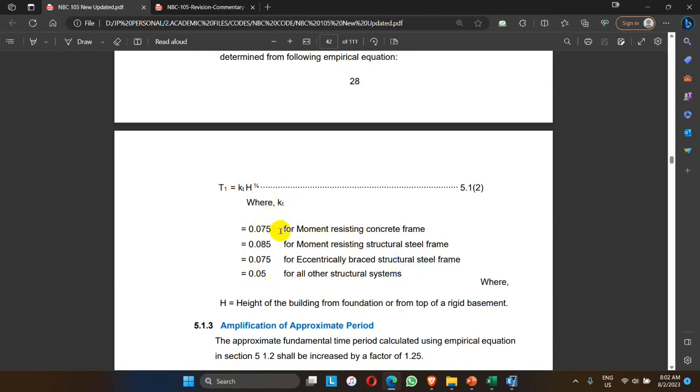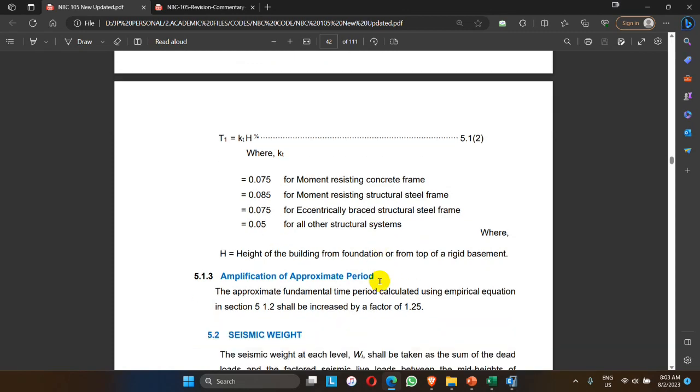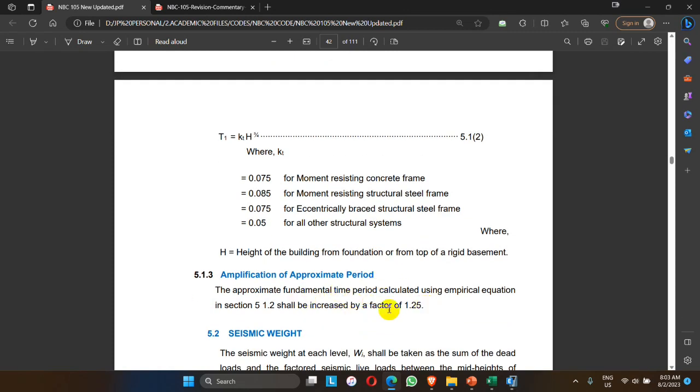For example, 0.075 for moment resisting concrete frame, and similarly 0.05 for all other structural systems, which includes dual systems, shear walls, or coupling beams in the structure, and 0.085 for steel frame and 0.075 for eccentrically braced steel frame, where H is the height of the building from the ground level to the top of the building, and this value shall be increased by a factor of 1.25.